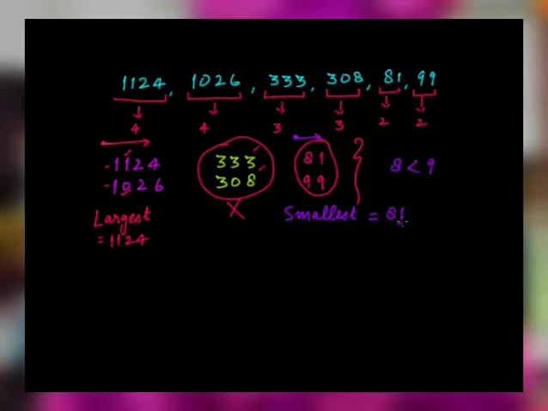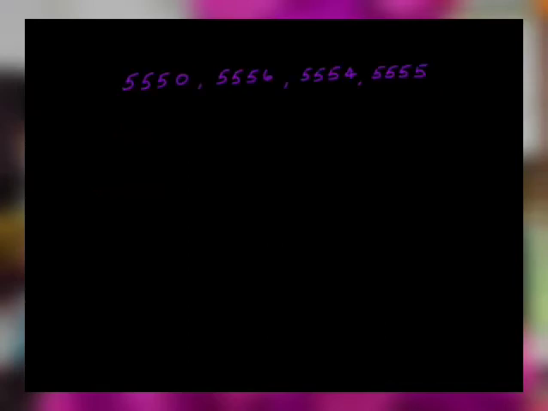Okay? Let's take a last example. We have four numbers. The first one is 5550, the second is 5556, the third is 5554, the fourth is 5555. The first step is to find out the largest number, to compare the number of digits, okay? So they all have 4 digits, right? This is ones place, tens place, hundreds place, and thousands place.